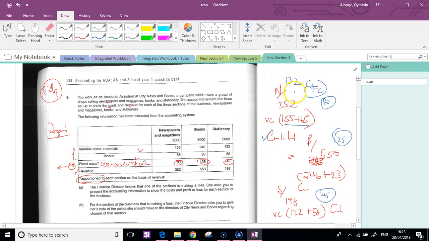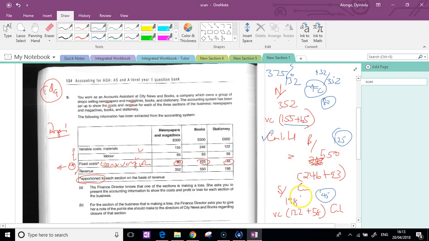The contribution divided by the revenue is like the contribution margin, which shouldn't be unusual. It's almost like a gross profit margin, right? So 132 divided by 352 is about 37.5%. You want to do that for every single one and see who's giving you the highest contribution ratio, first of all.